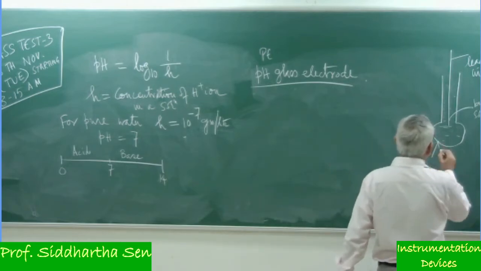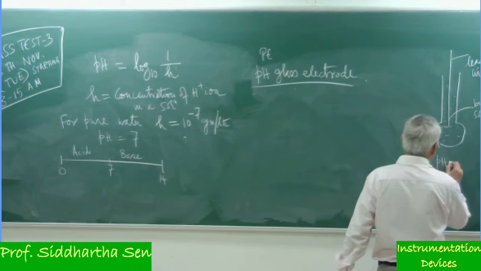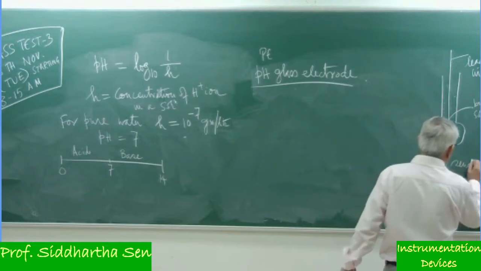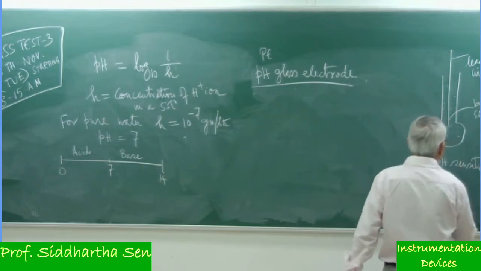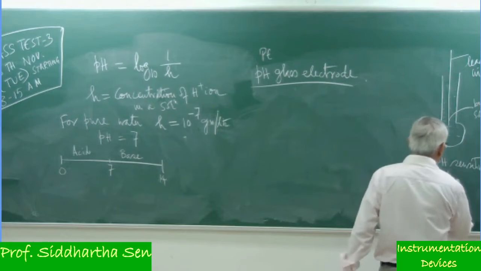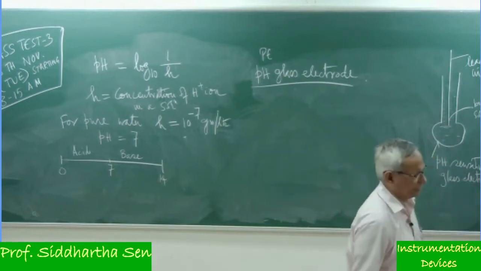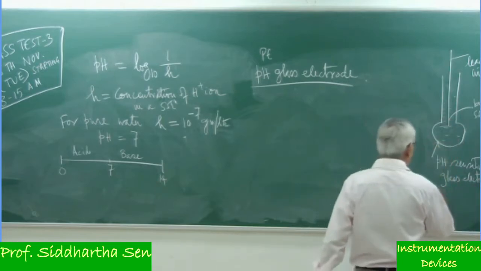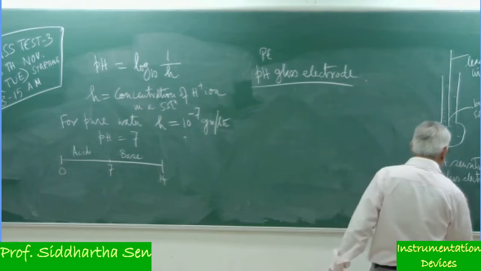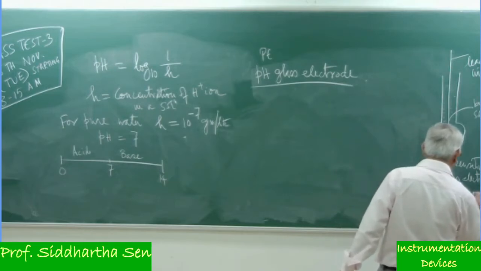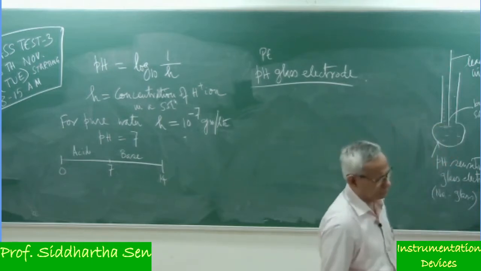But this one is a pH sensitive glass electrode. It is especially made of some glass, particularly we call it sodium glass, which has a concentration of sodium more than one.